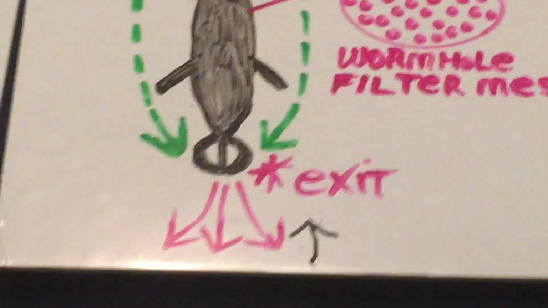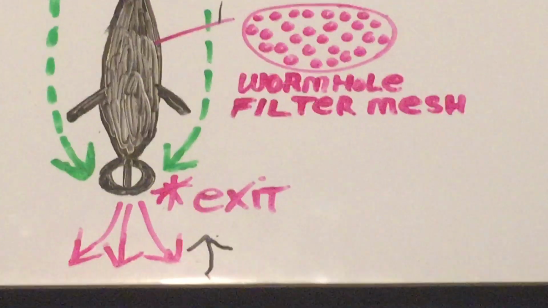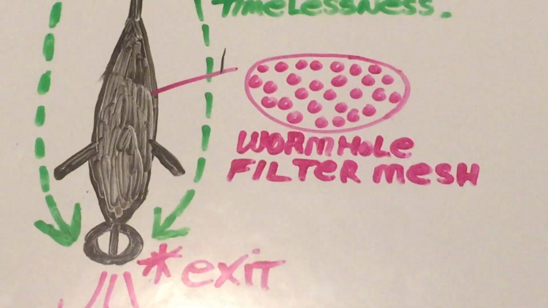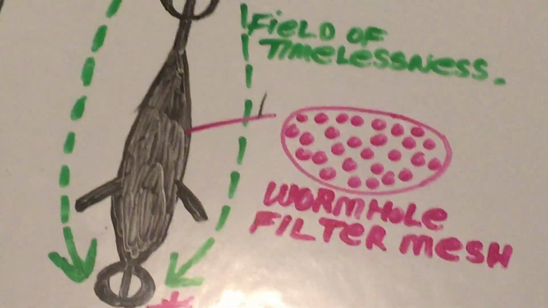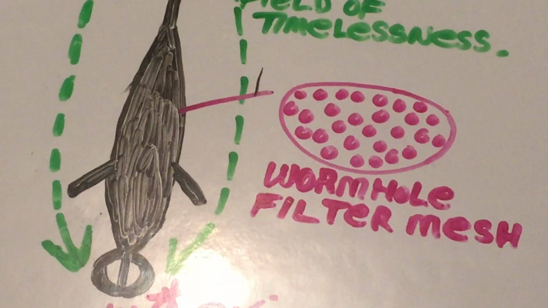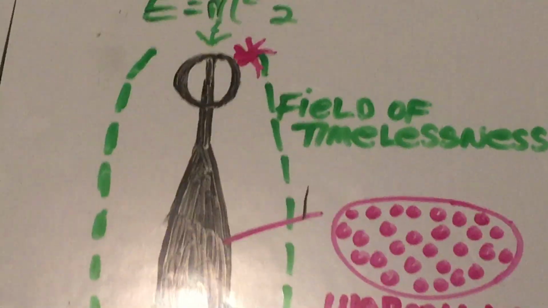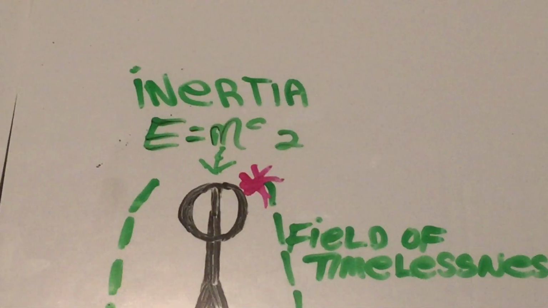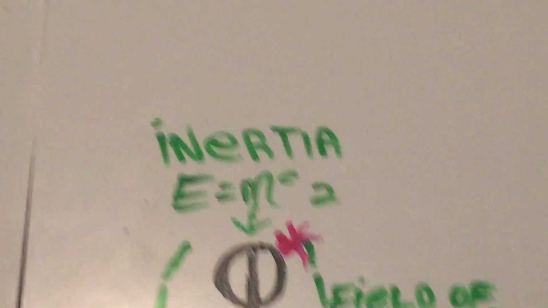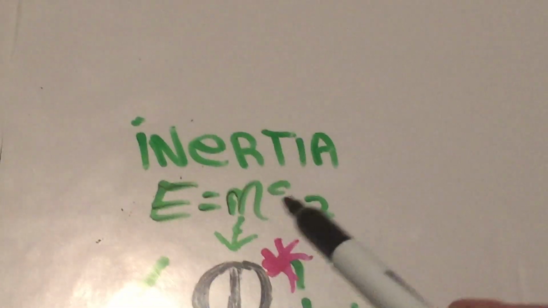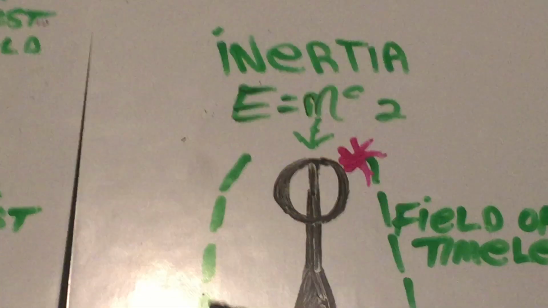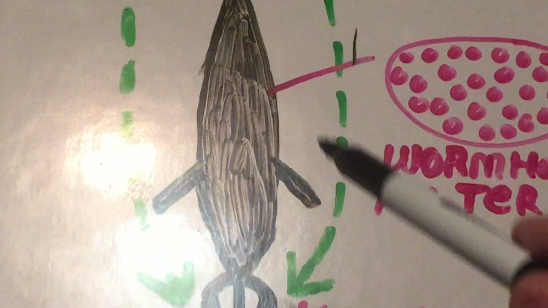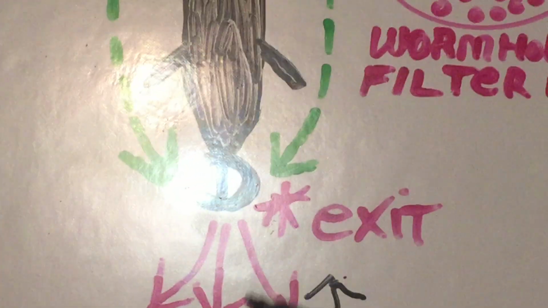Now the ship probably has like wormhole filter meshes in it that take the faster than light energy, the inertia of the intense amounts of energy and mass, and converts it through timelessness and back out through the exit.